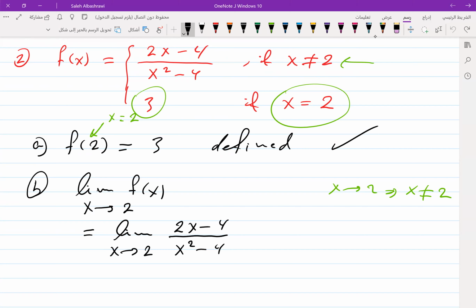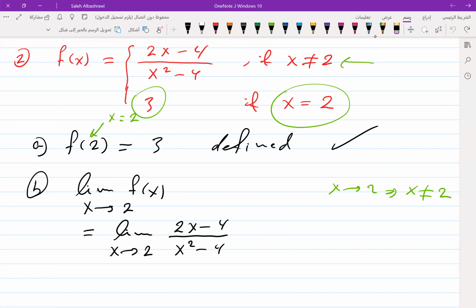Now we have a rational function. For the rational function, I need to check whether it is 0 over 0 or non-zero over 0 or whatever. So first step, I will replace x by 2.